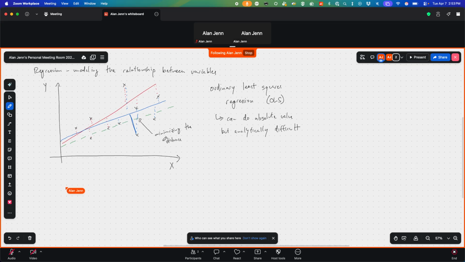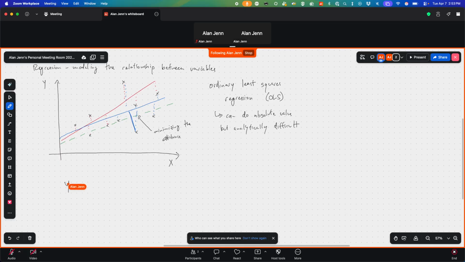We would have something like y_i equals beta x_i plus alpha plus epsilon_i. And this would be our unobserved error term.